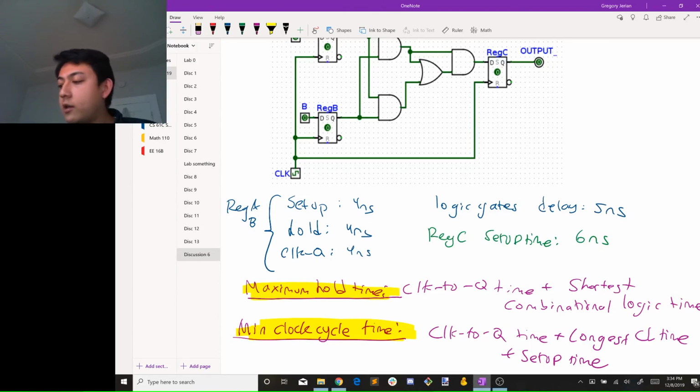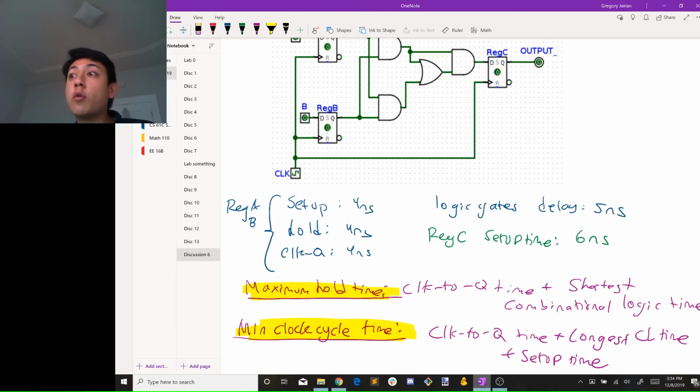For a clock cycle to happen, you need to be able to satisfy the hold and setup time, right? If the clock cycle is too short for a hold and setup to occur, then of course everything will be invalid. We said above, the hold time is actually included in the clock to queue time, so that's why we don't count it twice. The longest combinational logic time is the longest amount of delay we need, so we need to clock to that.